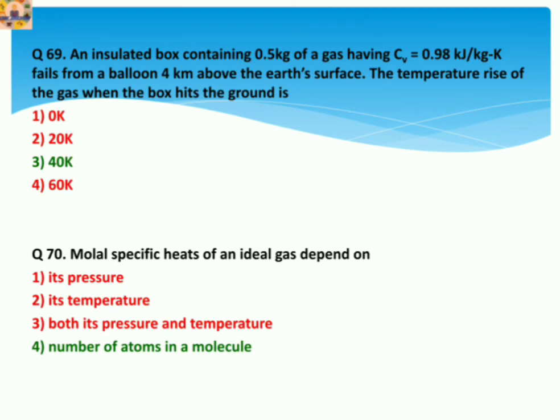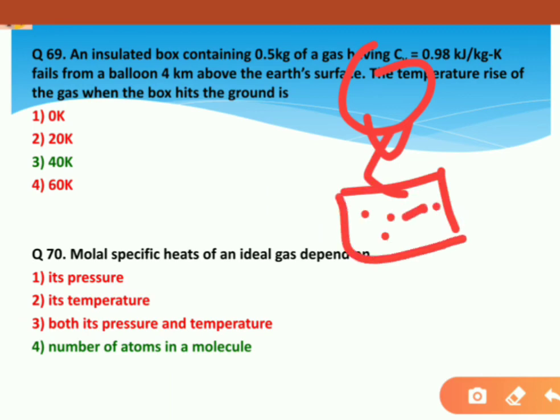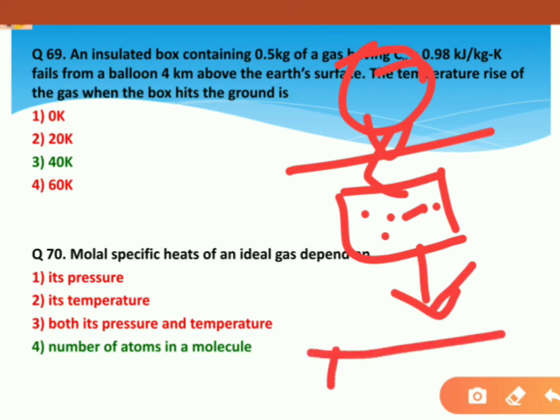An insulated box containing 0.5 kg of mass having Cv 0.98 kilojoule per kg Kelvin falls from a balloon 4 kilometer above the earth's surface. The temperature rise of the gas when the box hits the ground is? Here a box full of gas is floating in the air, and suppose it falls due to certain reason and finally hits the earth surface.